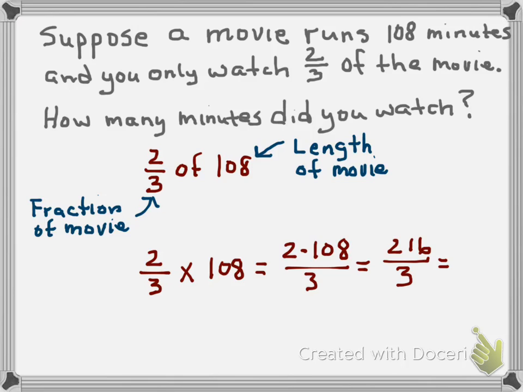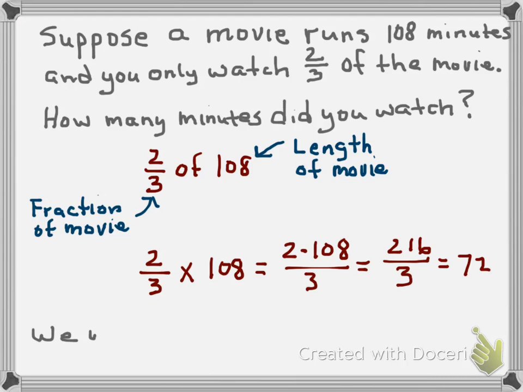So 2 times 108 is 216. We'll divide by 3, and that gives us 72 minutes. So 72 is 2/3 of 108. What fraction of the movie is 72 minutes? It's 2/3. 2/3 of the movie is 72 minutes.